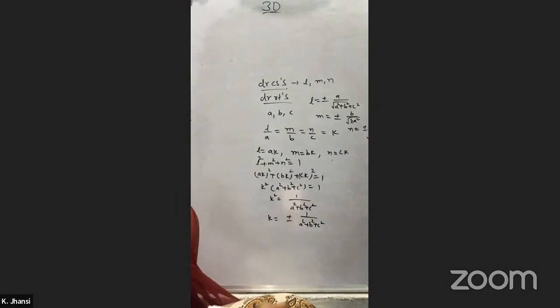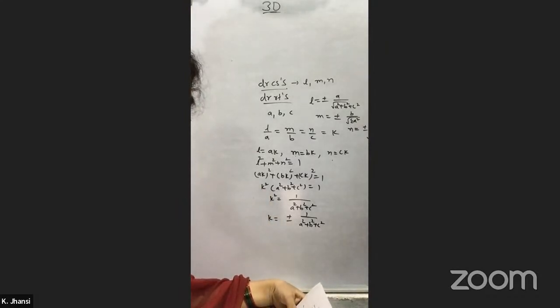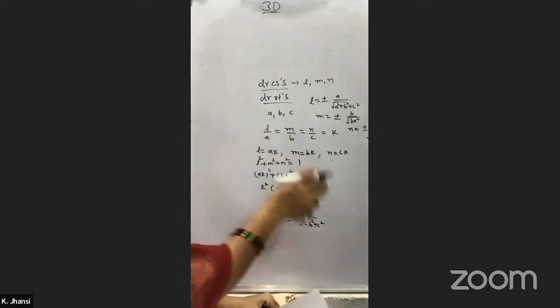Next, the main important topic is on page number 25. You have 1.8, angle between two lines having direction cosines. This formula is useful for solving the problems.